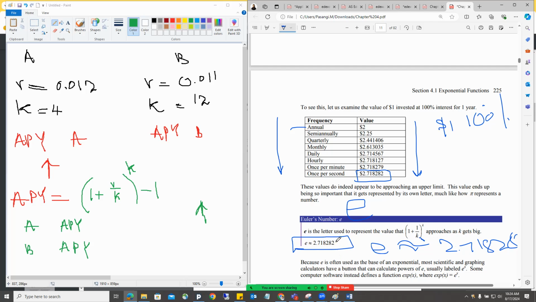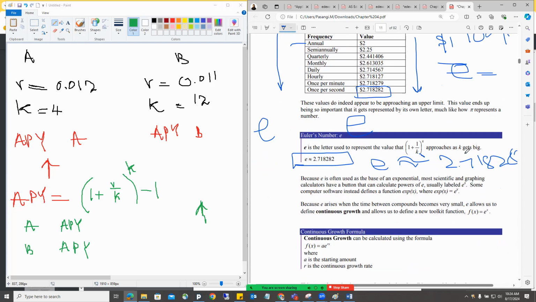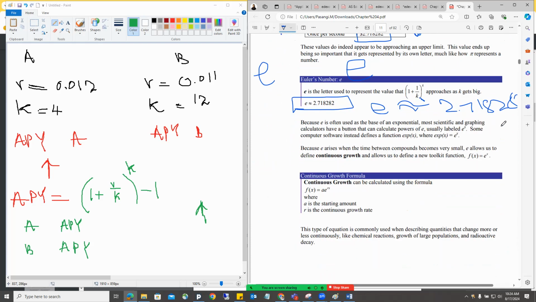We give that amount a special symbol, that is E, like pi is 3.14, as I can remember. Likewise, E is 2.718282. Is it clear?